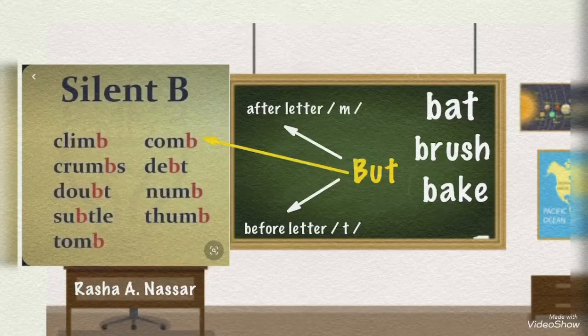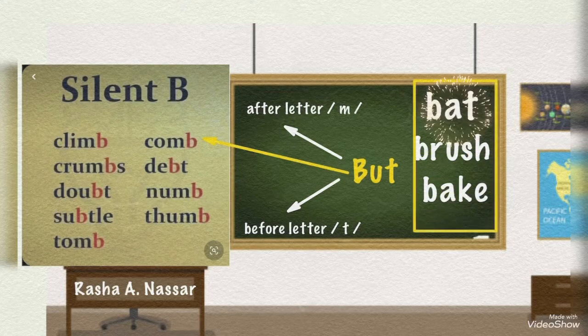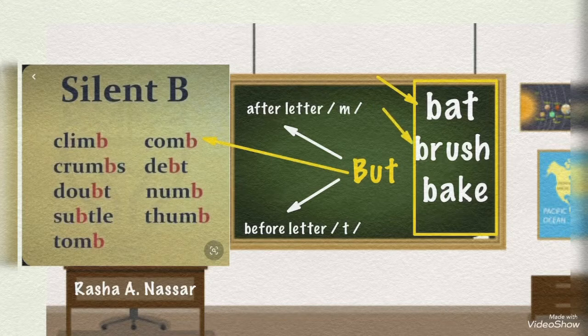Let's see letter B. There is a rule to remember with letter B. It's always a silent letter when it follows the letter M. But we can read letter B in many words, as in bat, brush, bake.